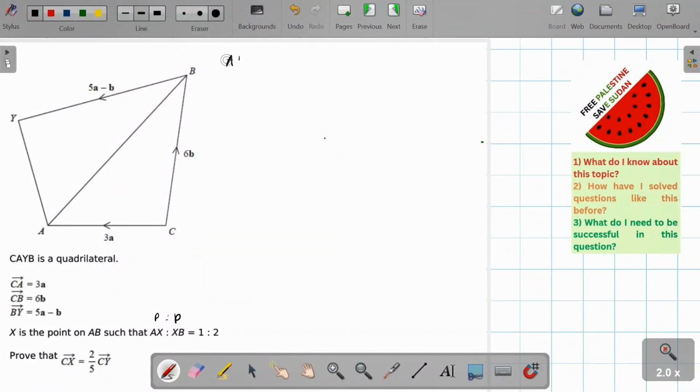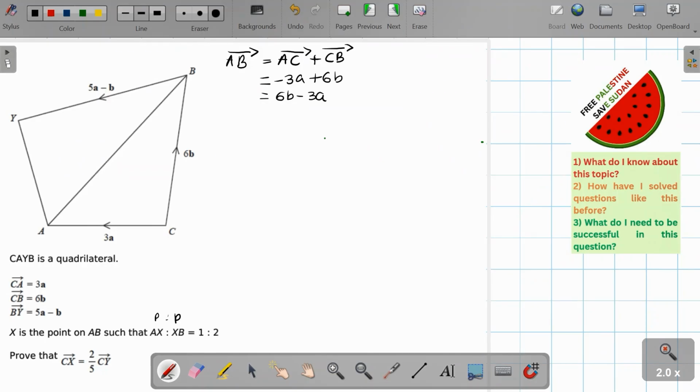I'm going to write down AB is equal to AC plus CB. AC is minus 3a because it's going in the opposite direction of CA. And then CB is 6b. So I like writing it as 6b minus 3a. So AB is 6b minus 3a.